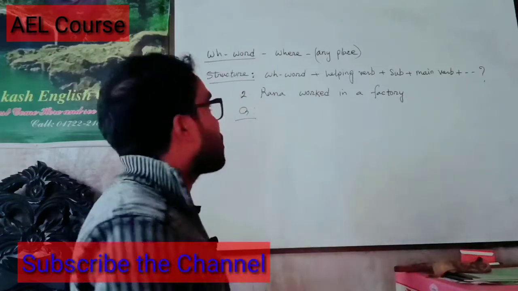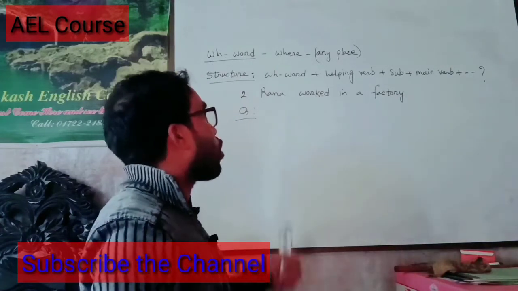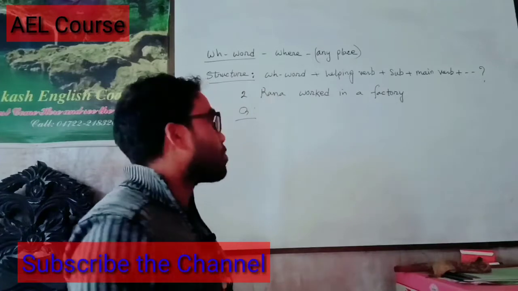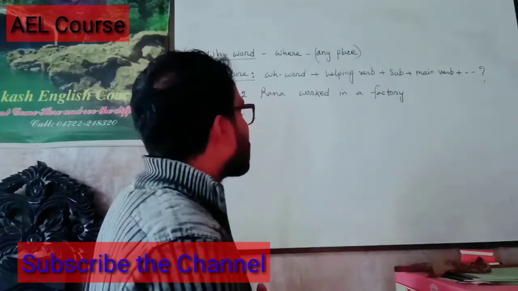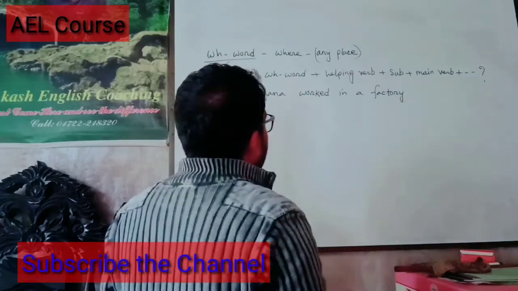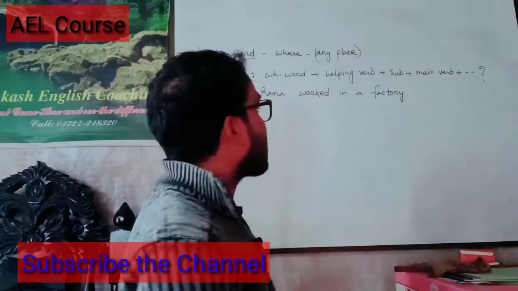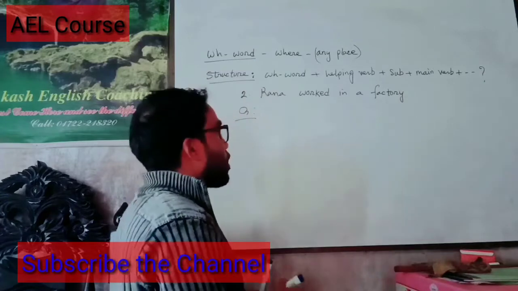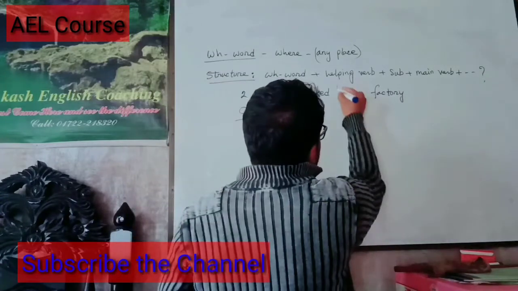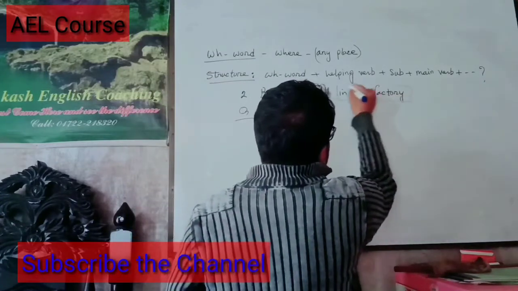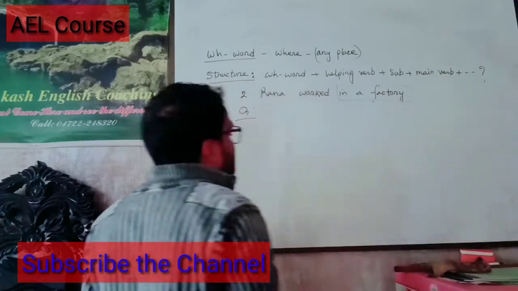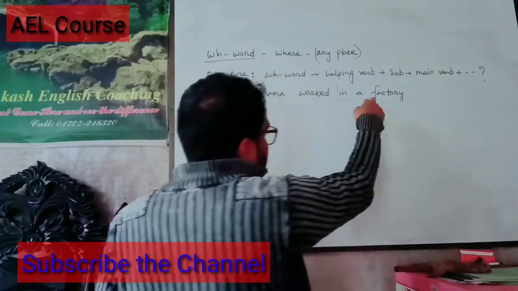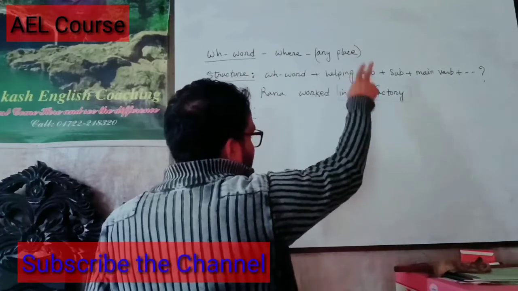Today we are learning when we use where. By using where, you can make a WH question. So when you use where, you must take out from this sentence the place. The answer will be in a factory. This is the part you have to take out, because this indicates a place.